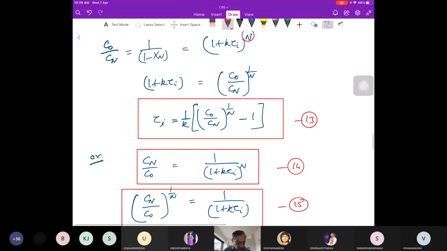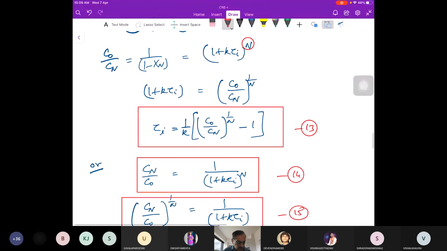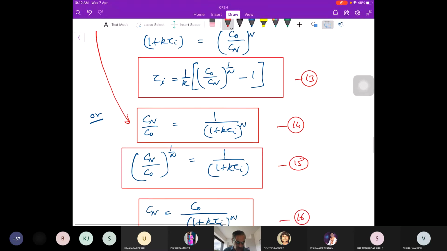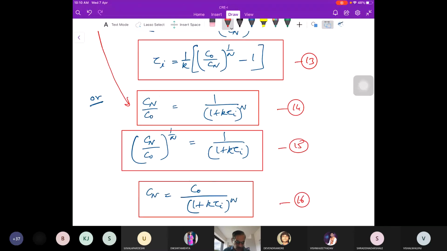So, यहाँ से जो लिया हमने उसका उल्टा किया हमने. Cn upon C0 is equal to 1 upon 1 plus k tau I raised to power of n. इसको भी अगेन 1 by n से पावर ले चेंज किया तो Cn upon C0 raised to 1 by n is equal to 1 upon 1 plus k tau I. Or you can write Cn, यहाँ से लिया ये. So there are different forms of equations.